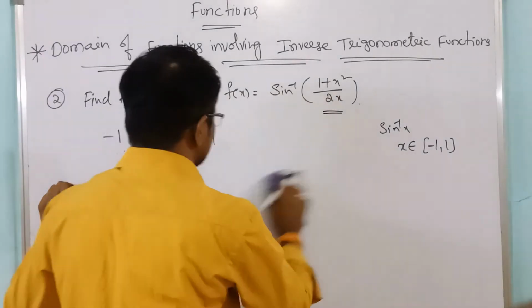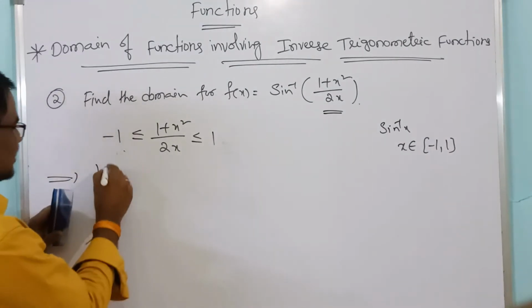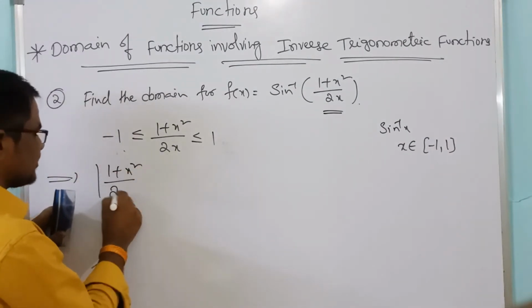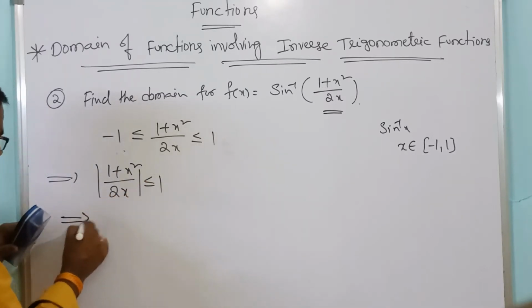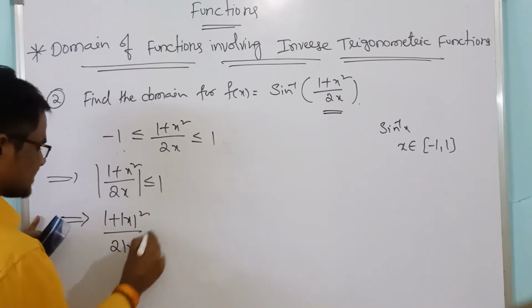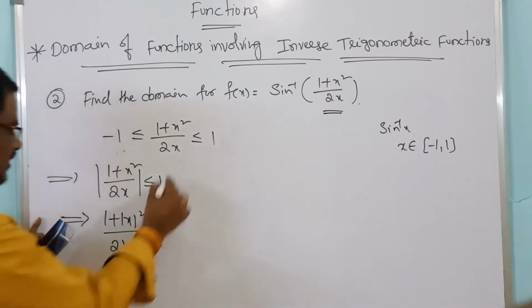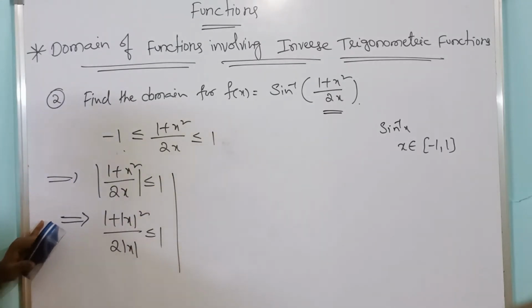By this condition, I will write it as the modulus of 1 plus x square divided by 2x is less than or equal to 1. That implies 1 plus mod x square divided by 2 mod x is less than or equal to 1. Now here this is a positive value only, so you can multiply both sides by 2 mod x.